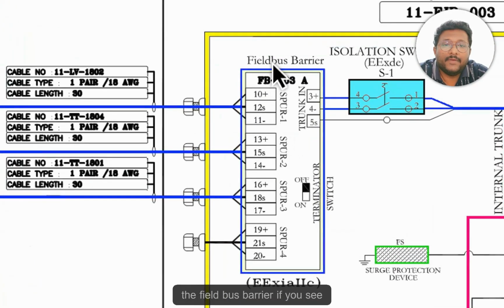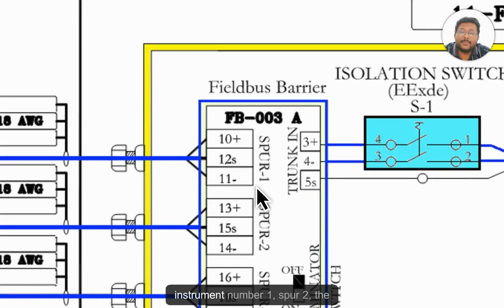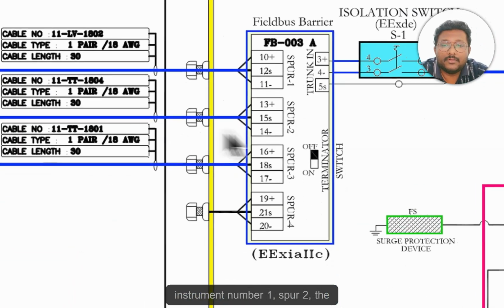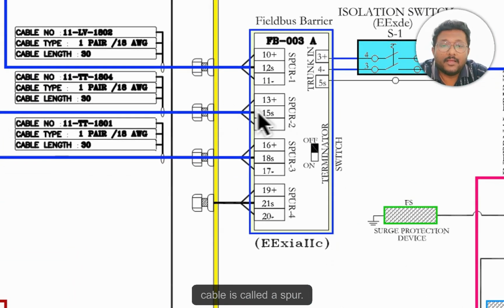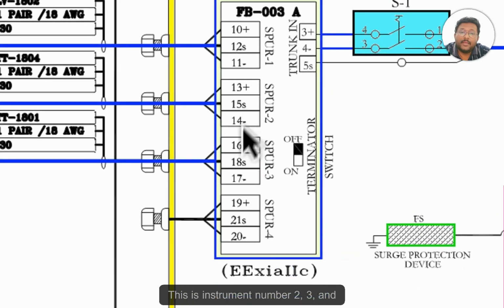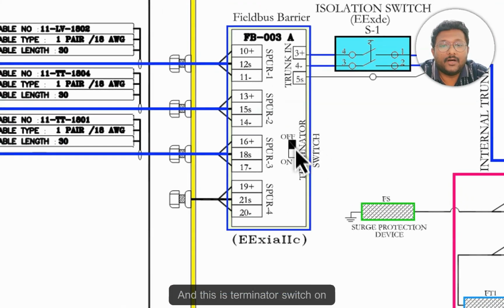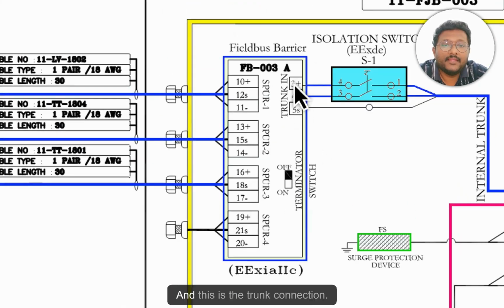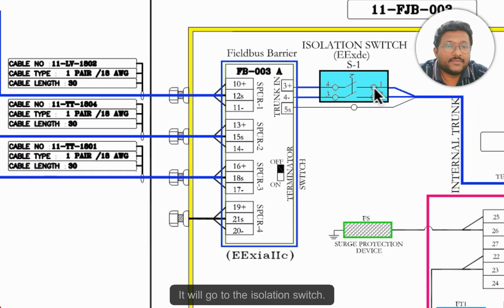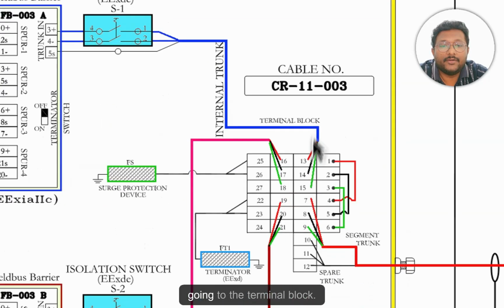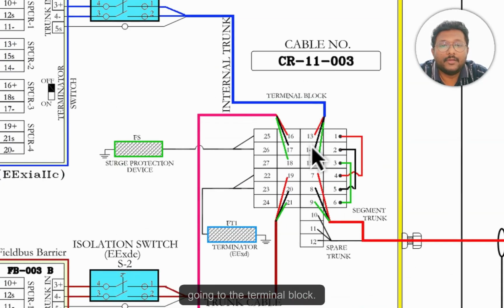See, in the field bus barrier, this is my spur 1, that means instrument number 1, spur 2. The cable is called a spur. This is instrument number 2, 3, and 4, and this is the terminator switch on and off, and this is the trunk connection. It will go to the isolation switch. From the isolation switch, it is going to the terminal block.